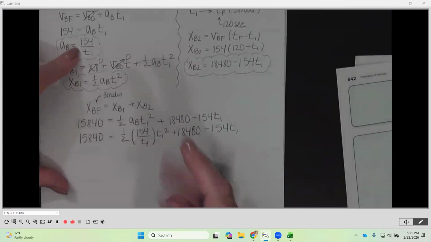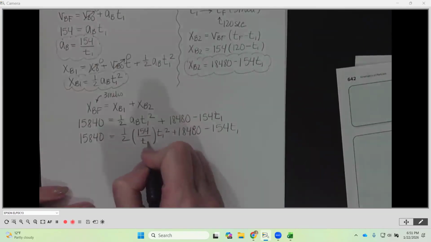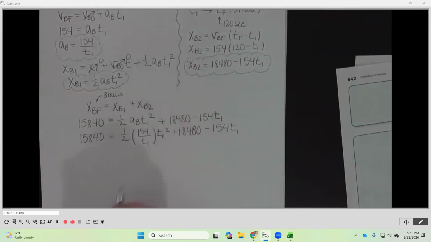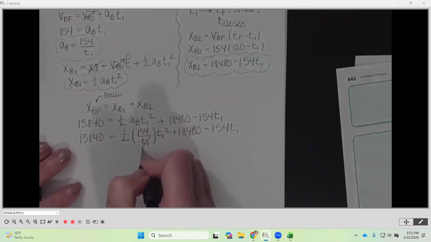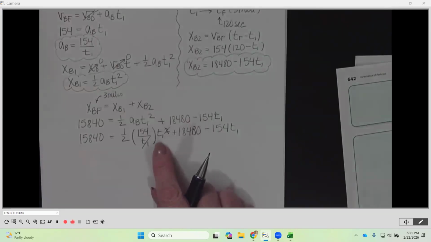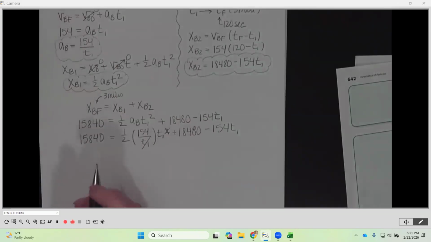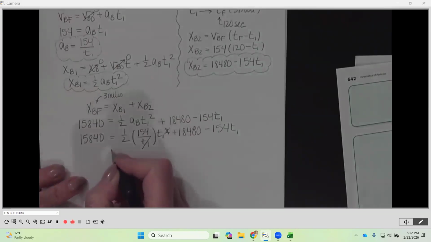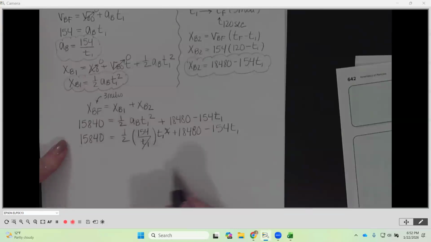Okay. Now, because this is T1 and this is T1, one of these T1s cancel out, just one of those. Okay. So now we can kind of do our distribution and our multiplying. So I'm going to send this to the other side. This is going to become 0.